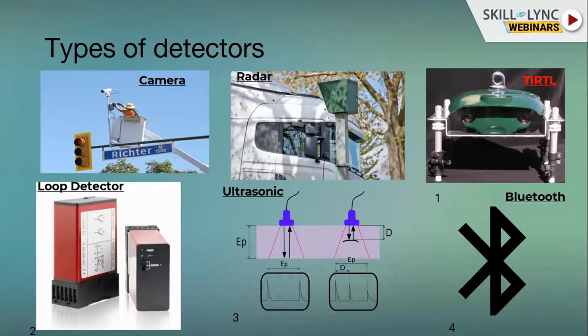What happens with this kind of technology is that it reduces the average delay, improves the travel time, reduces congestion, and ultimately reduces fuel consumption and air pollution at the junctions.